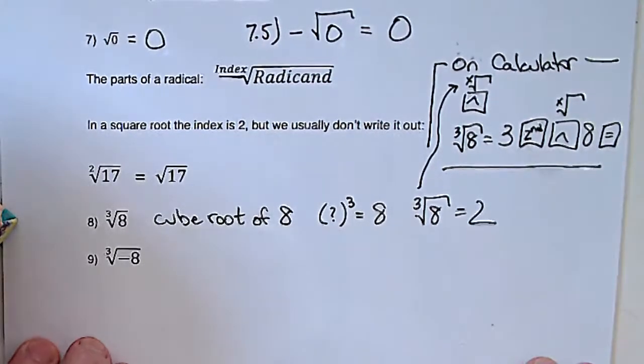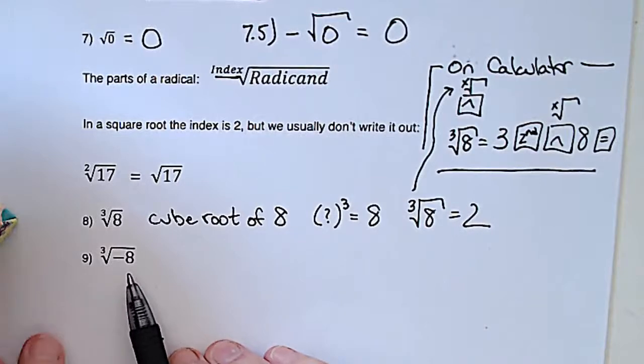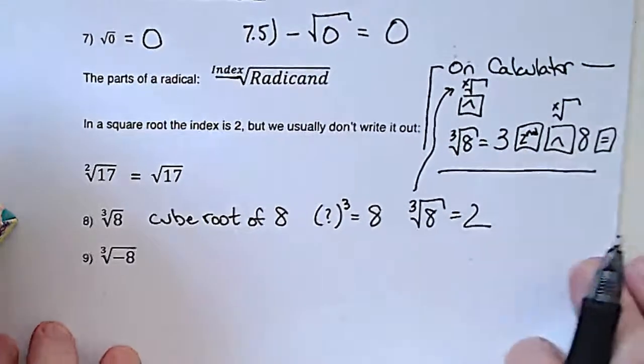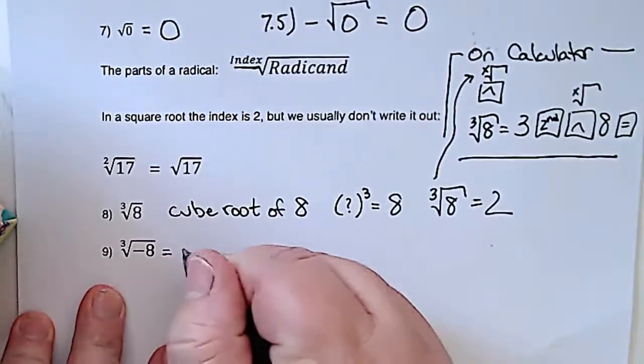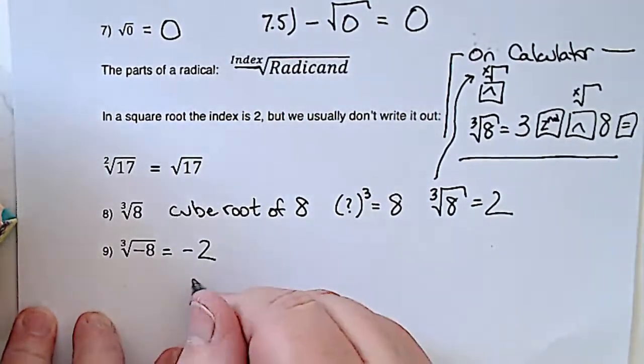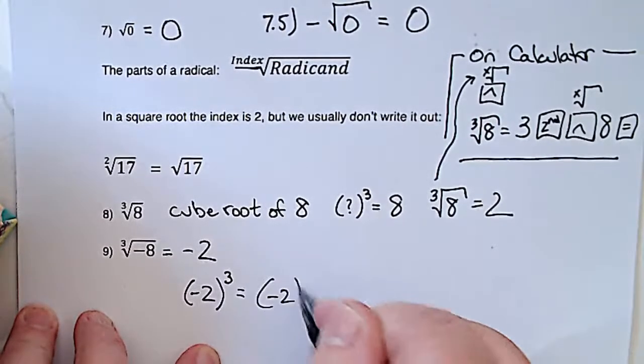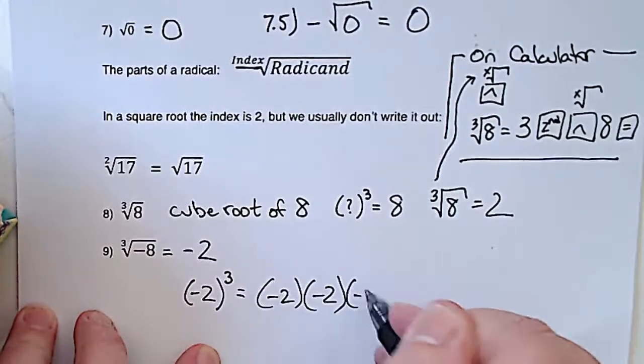Okay, now, just when everything seemed like it was getting good and made perfect sense, I am now going to tell you that the cube root of -8 does exist, and it is real. I'm going to say it's -2. Why is that? Well, let's take a look. -2 cubed is -2 times -2 times -2.